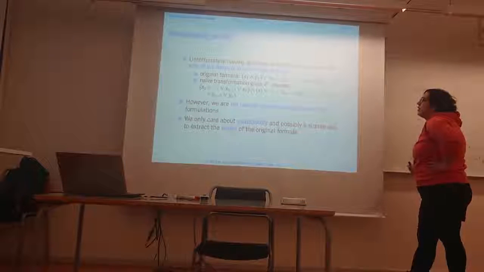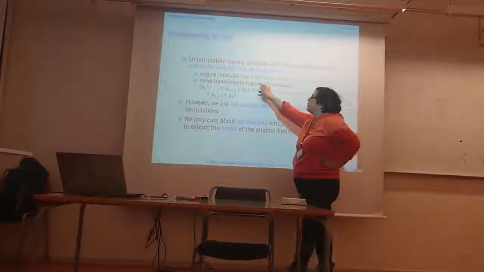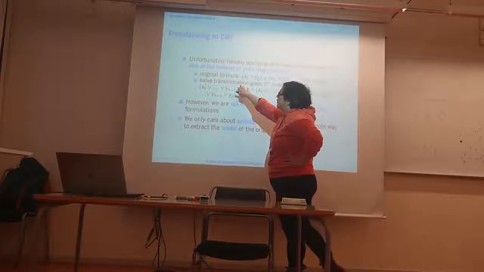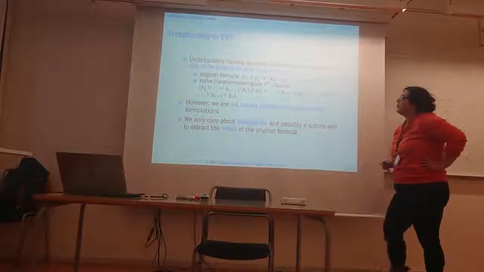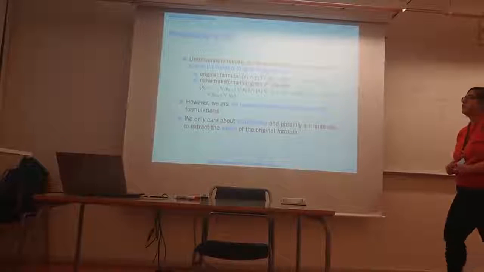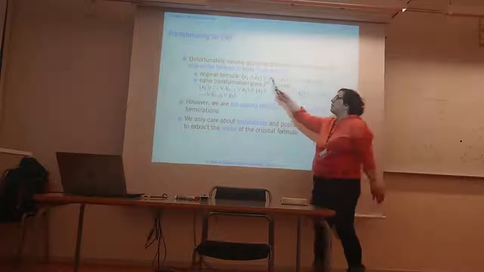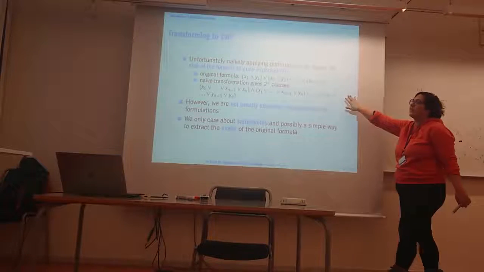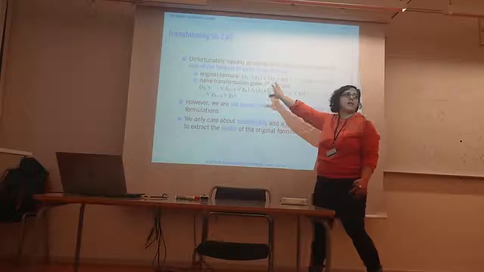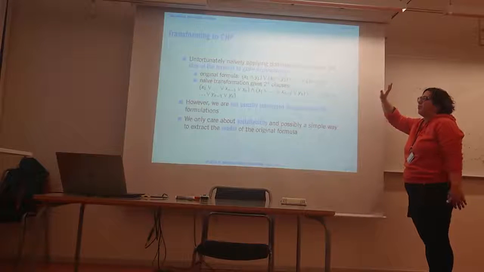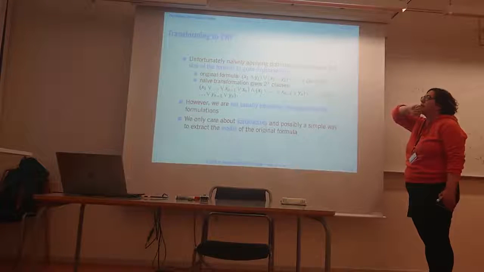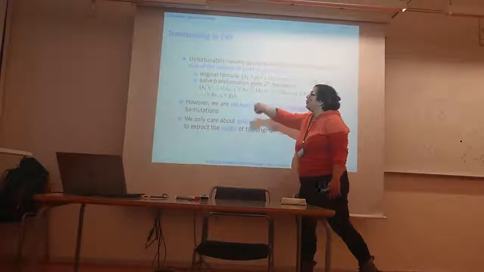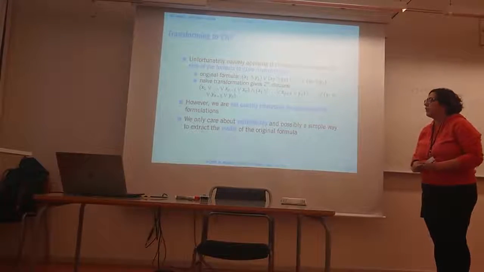If you naively transform this to CNF, the result of the transformation would give us 2 to the power of n clauses, and basically the size of the problem would grow exponentially. I'm not going to read this example because it is just an example of how you can be naive in transforming a SAT formula to CNF.